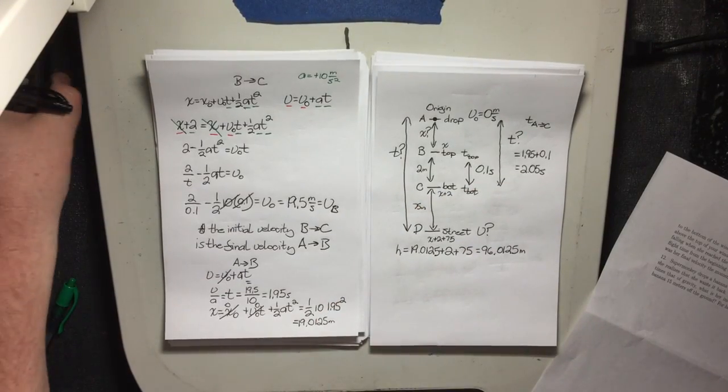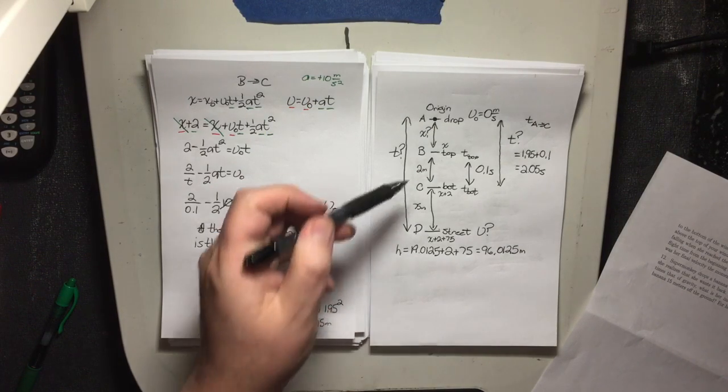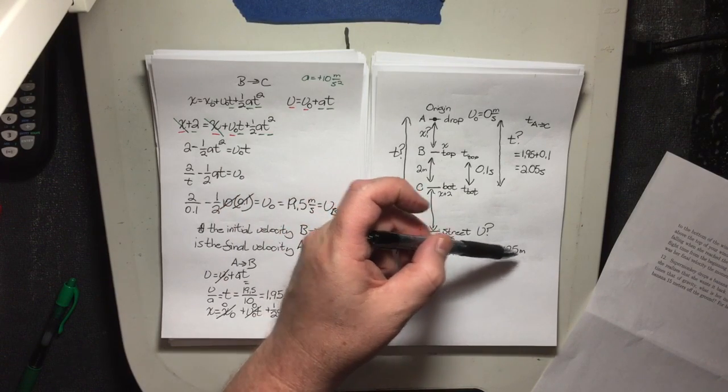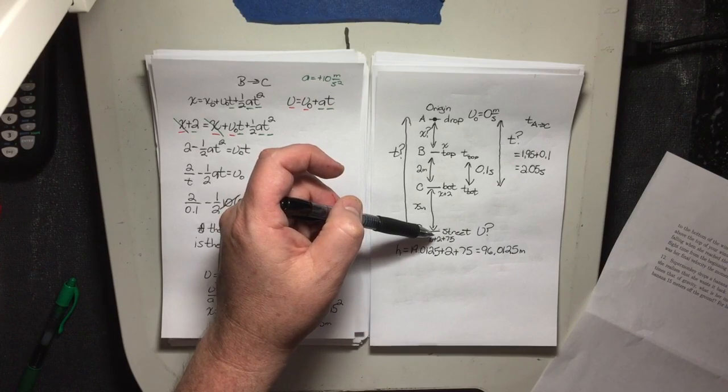Well, what is the use of that? Like the banana drop problem, if I told you to drop a banana from 96.0125 meters, how long would it take for it to drop that far?